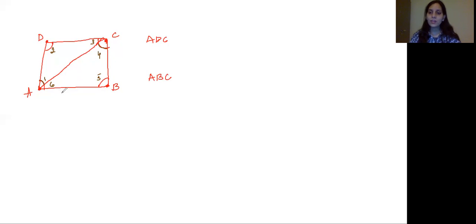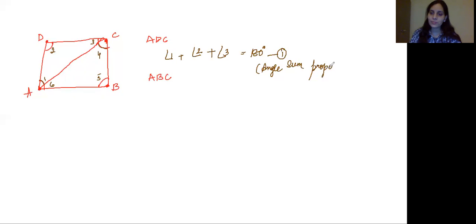Similarly, the same concept will be applied here, that angle 1 plus angle 2 plus angle 3 is always equal to 180 degrees. Correct? So let us take this as equation 1. And in the bracket, I am going to write the reason, angle sum property. So when we are doing geometry, we need to make sure that we write reasons after every step.